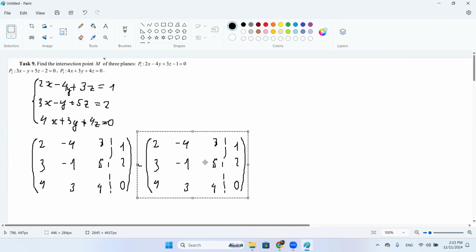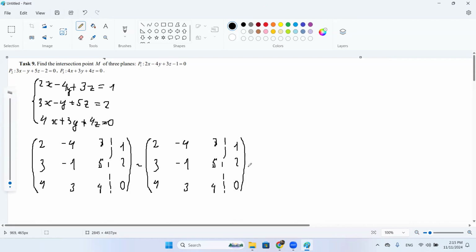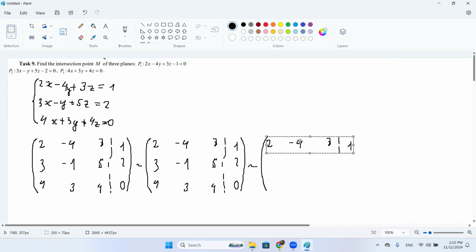I will eliminate firstly, so subtracting the first equation from the second and from the third. So the first row remains without changes, and subtracting from this.